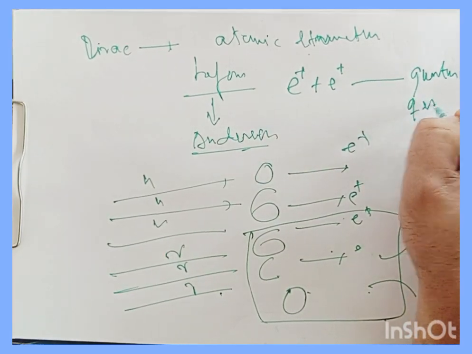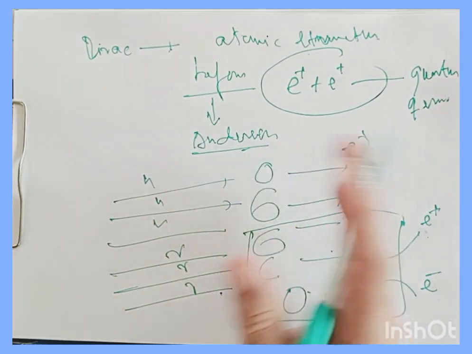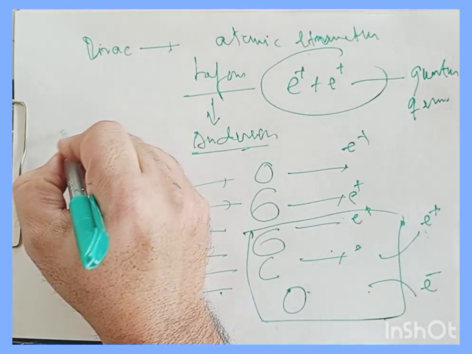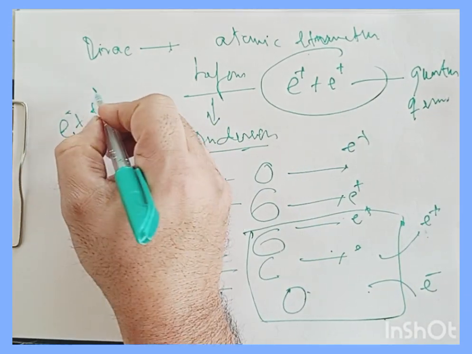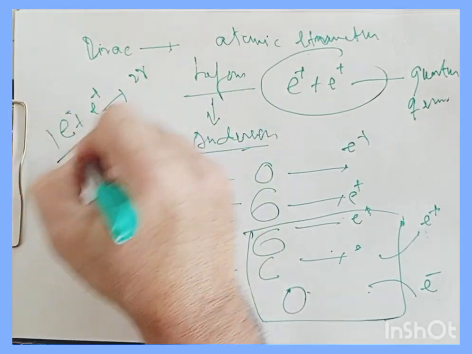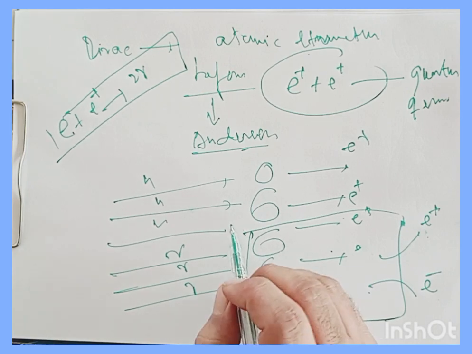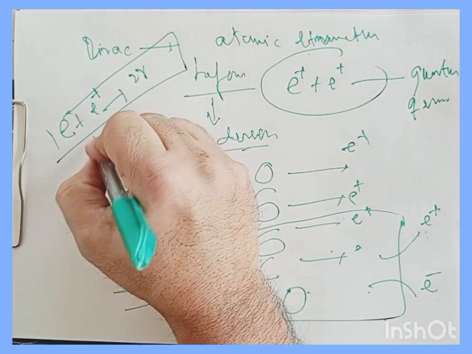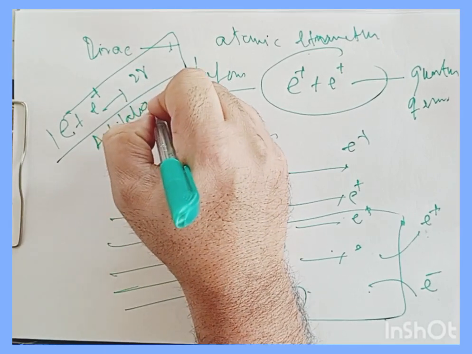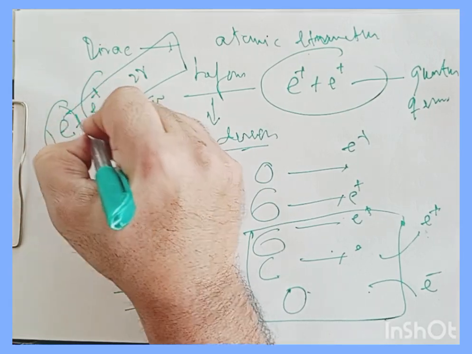This process of combining of an electron with the positron and giving birth to a gamma ray photon is called annihilation, and this annihilation is due to the pairing of electron and positron.